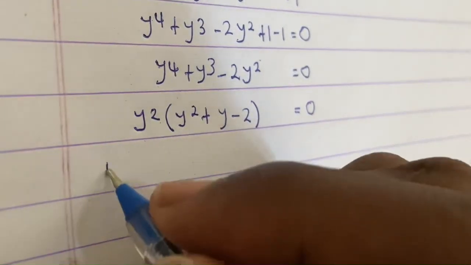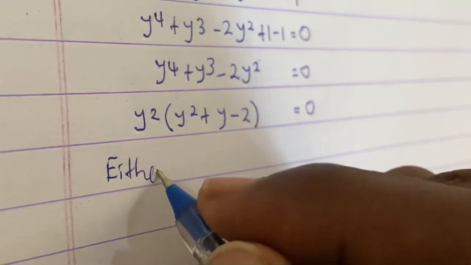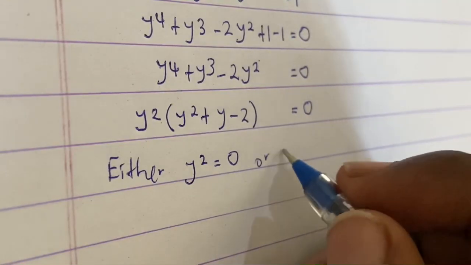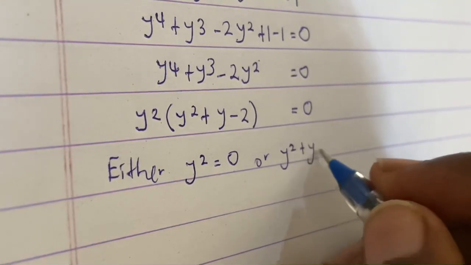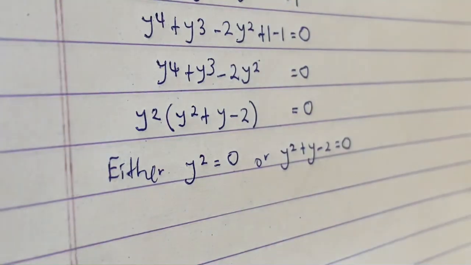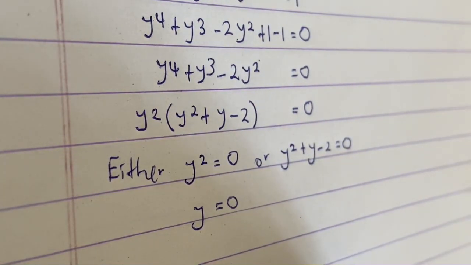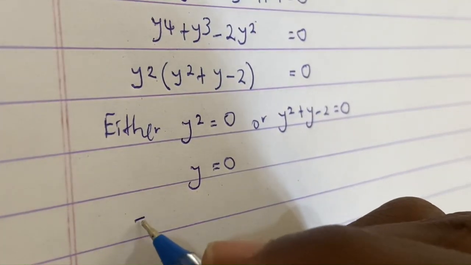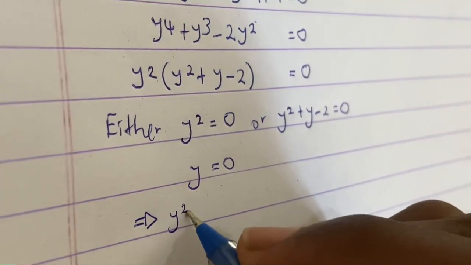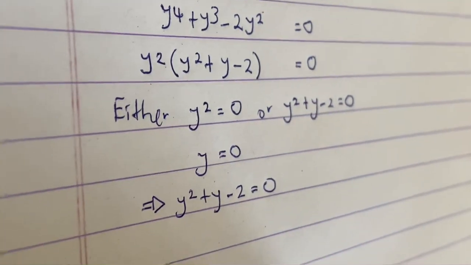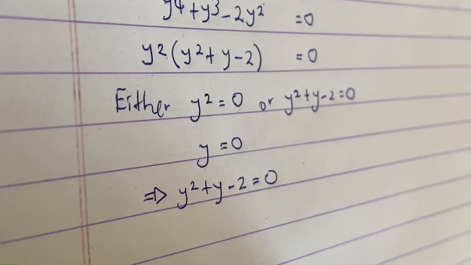Then either y squared is equal to 0 or y squared plus y minus 2 is equal to 0. Here y is equal to 0. Then for y squared plus y minus 2 is equal to 0, we're going to get the roots of y.